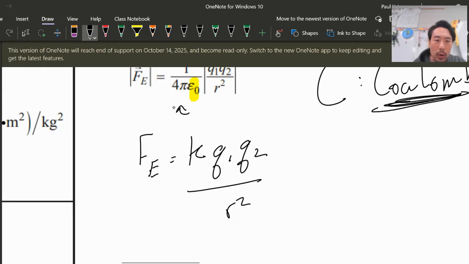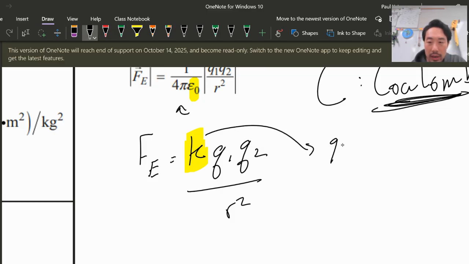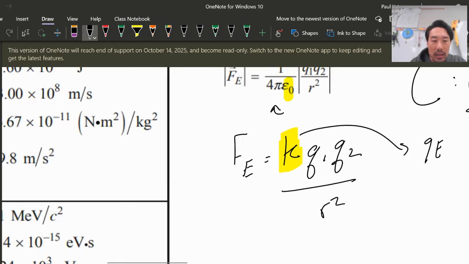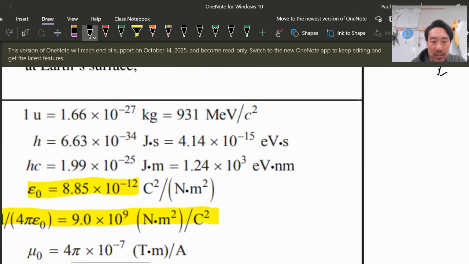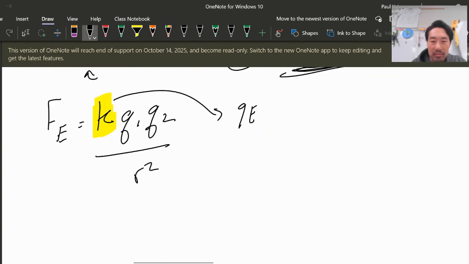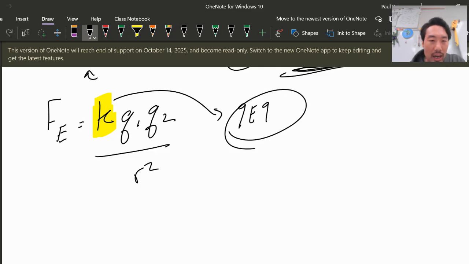And just as a quick heads up, because we'll be using this k a lot, you'll just see me sometimes write it as 9 times 10 to the, what was it, positive 9, negative 9? I forgot. Positive 9. I can't believe I almost forgot that one. So you might just see me write that on the board as 9 times 10 to the 9.